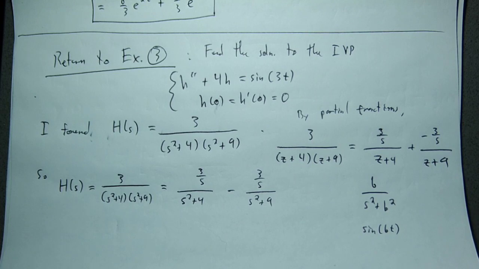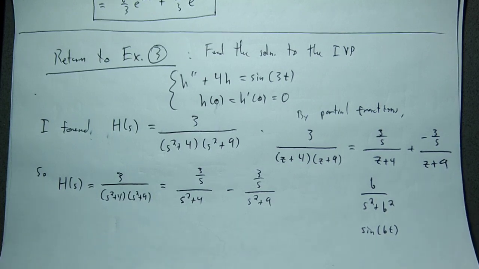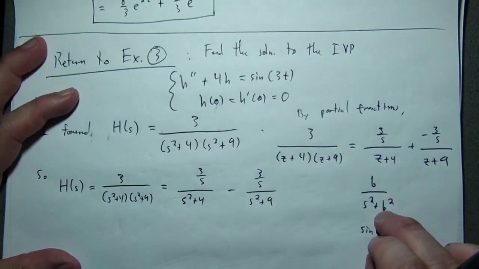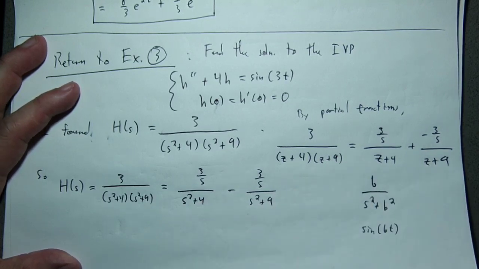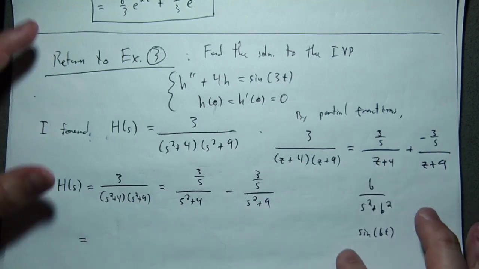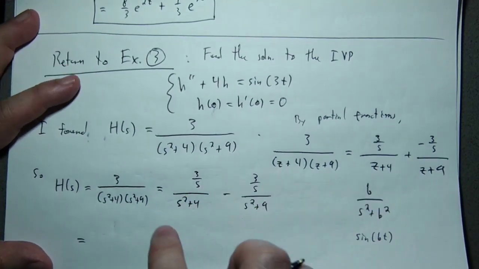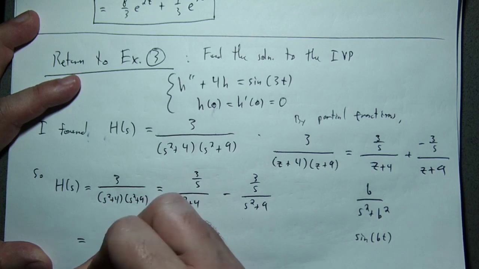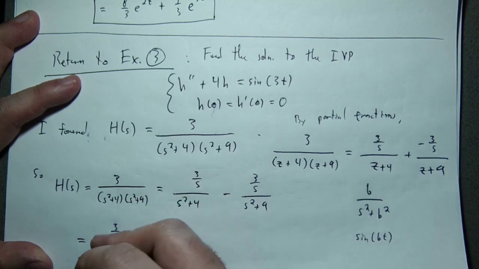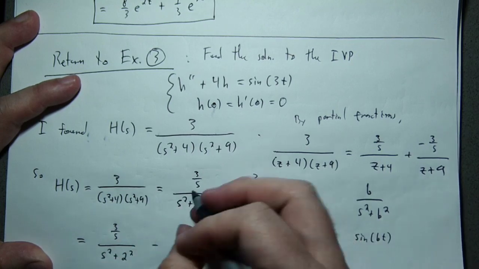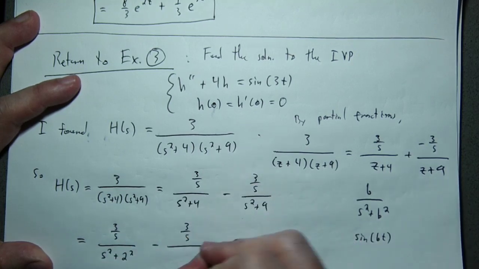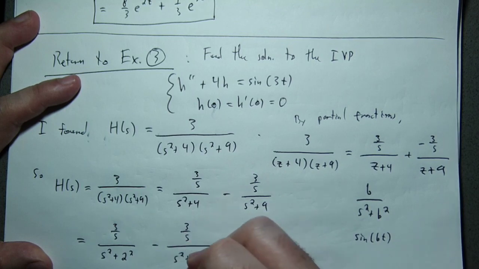Okay. So then, looking at this expression, what is it that I want to do? Well, if this is b squared, here that is going to be 2 squared. Here it's going to be 3 squared. So rewriting this, this is going to be 3/5 over s squared plus 2 squared minus 3/5 over s squared plus 3 squared.